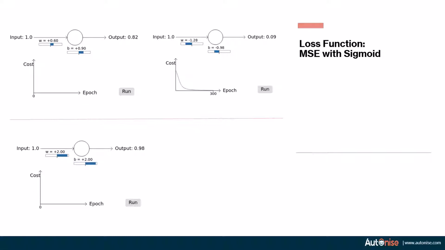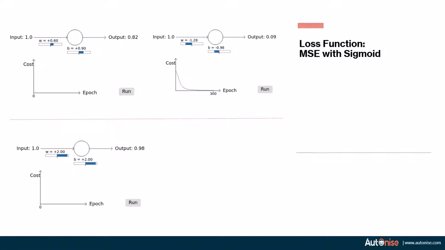What do you think will happen when we run this simulation? Will it take more time to converge to the value 0 or will it take less time? Intuitively, we think that as the error is larger initially, in the second case, the model should learn faster.